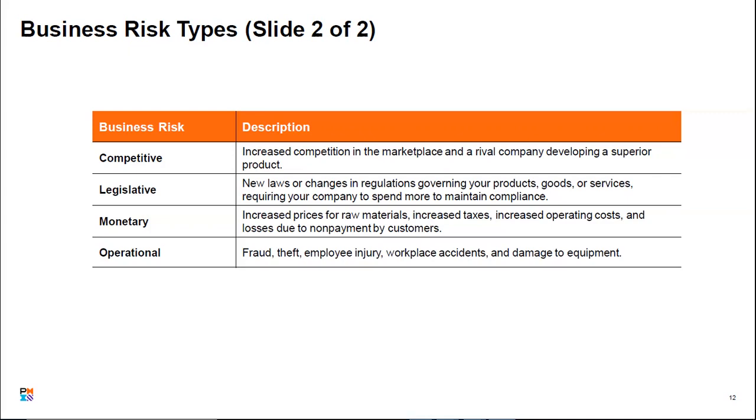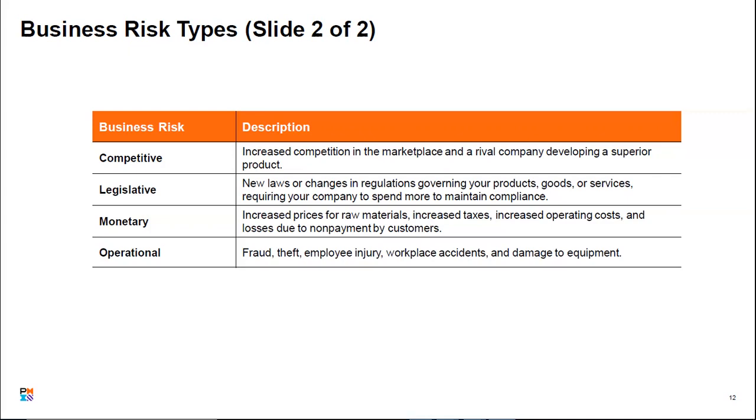But you can have a legislative business risk mitigating plan before you start, so that in case these new laws and changes in regulations occur, you have a response plan attached to it. Then you have your monetary business risk.